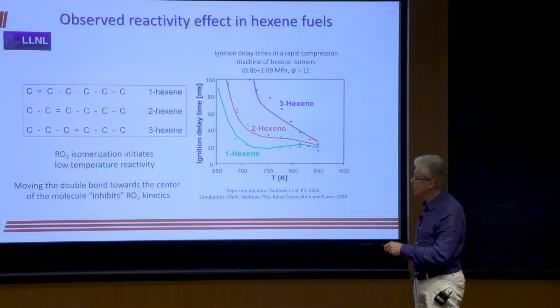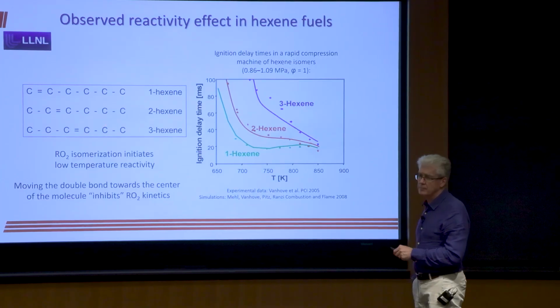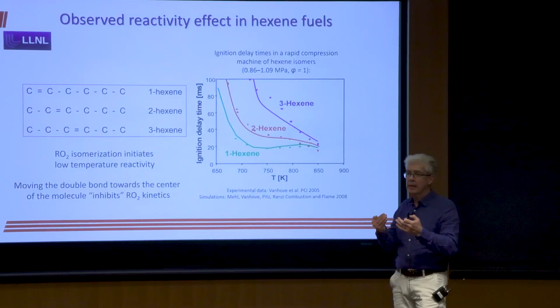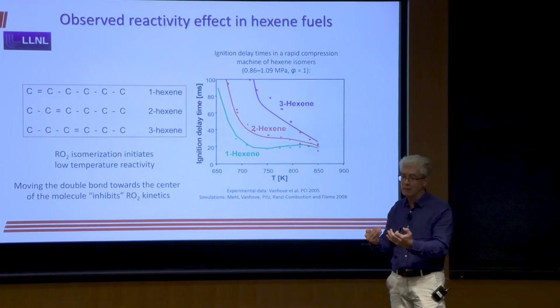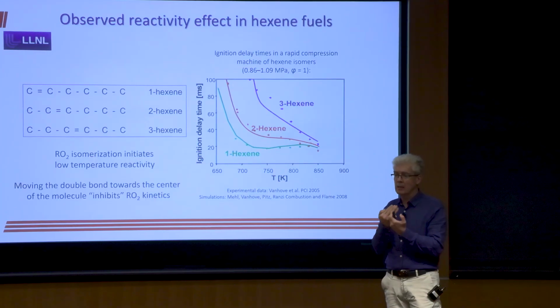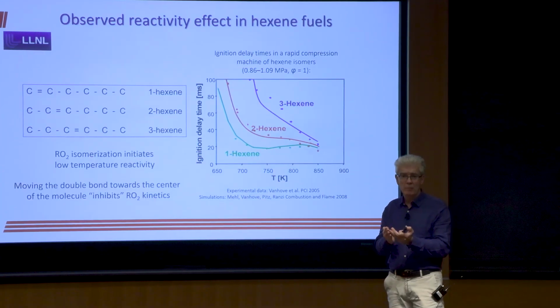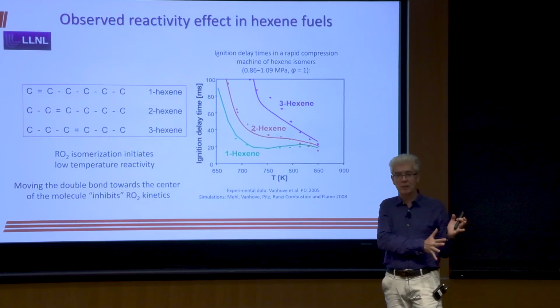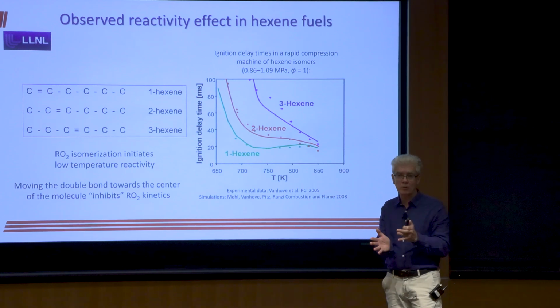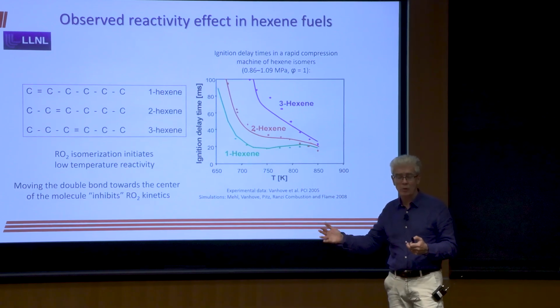So here now we have the secondary allylic either side of the center, okay? We have the secondary allylic here and here. And again, you can form the radical, it will add to O2, and then you'll get RO2. But the equilibrium is going to be very much to the left. And the concentration of RO2 going to QOOH, O2QOOH, and onto branching will be very low, okay?